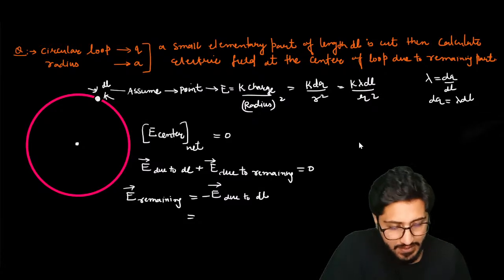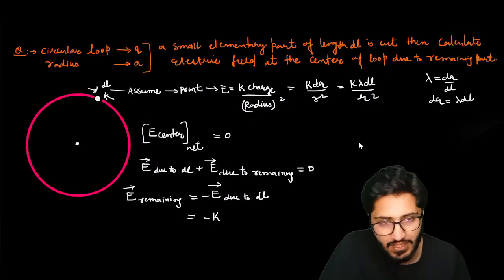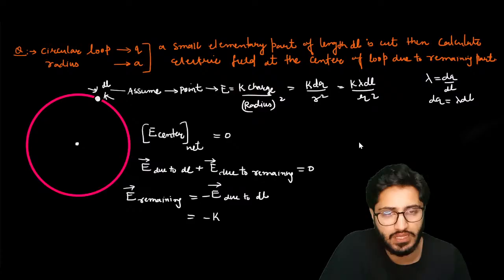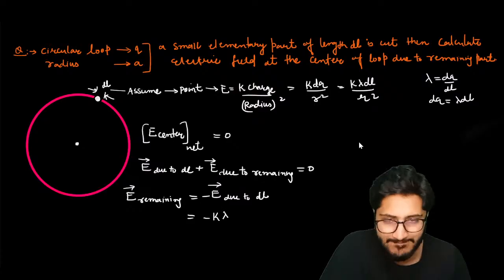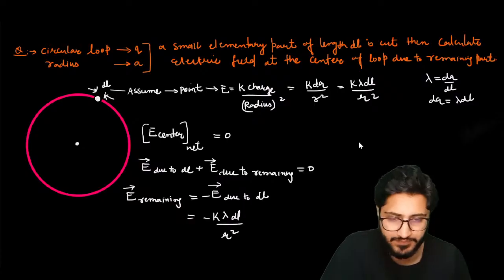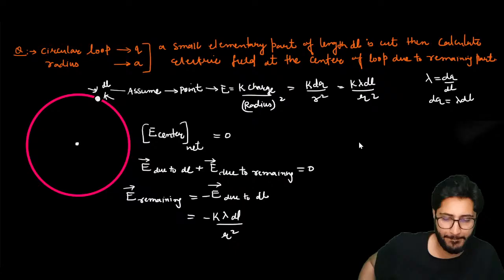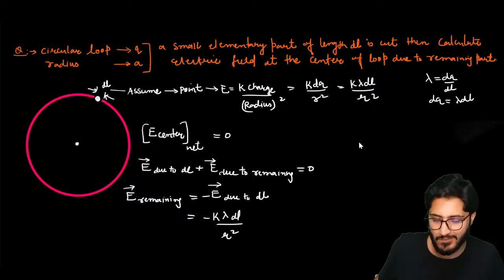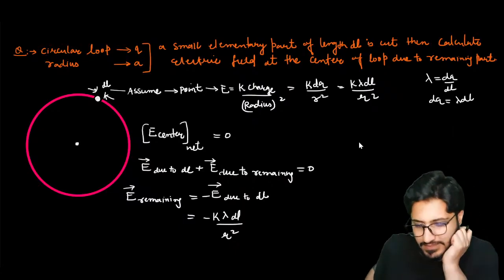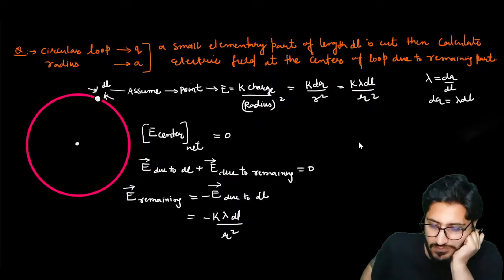So what I can write here is minus k lambda dl whole divided by r square. Can I write like this? Yes. Small length, no?